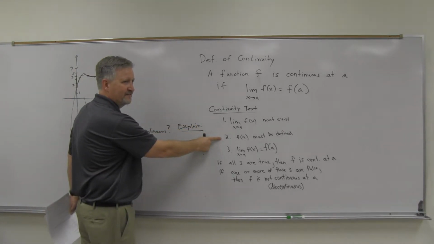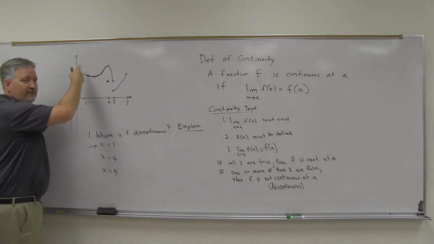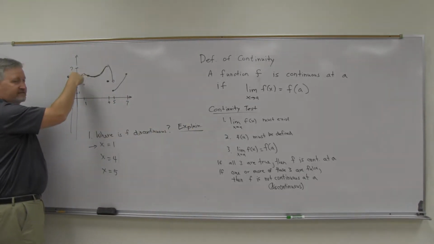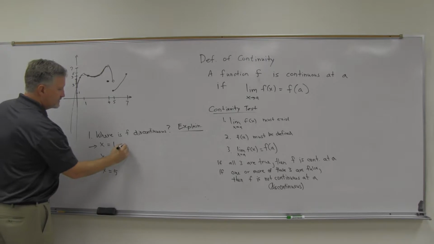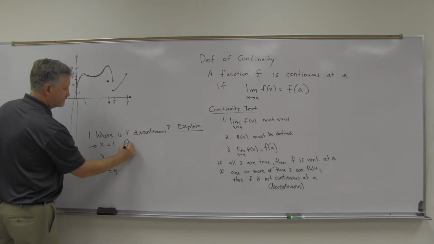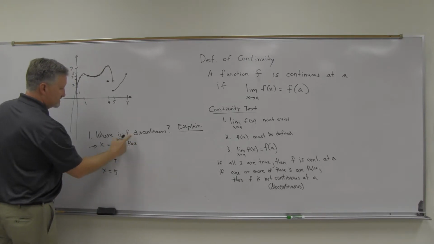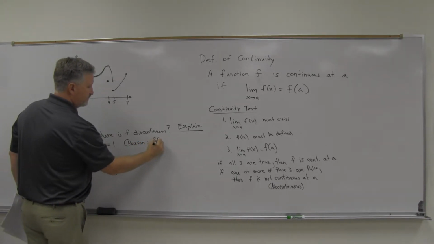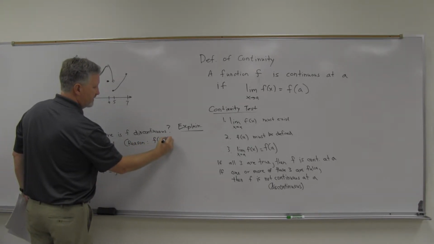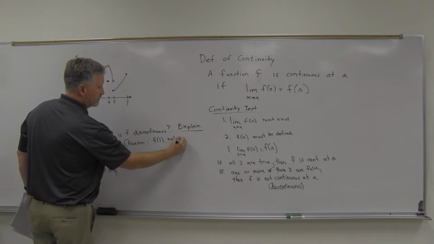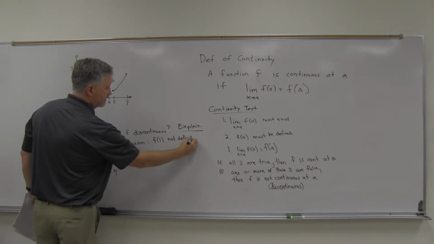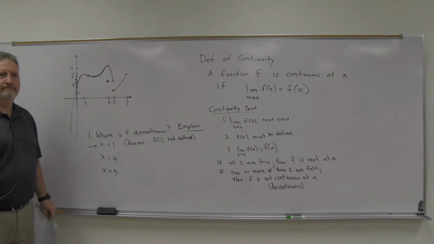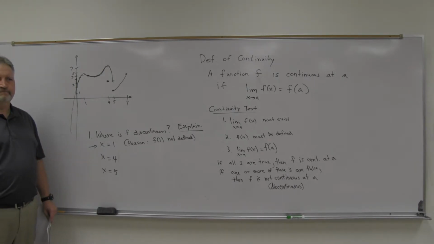Is f of 1 defined? Yeah, there's not a point for f of 1. It's just open. So the reason it's discontinuous at x equals 1 is f of 1 is not defined. There's not a point there. Okay? You with me there? There's no function value.